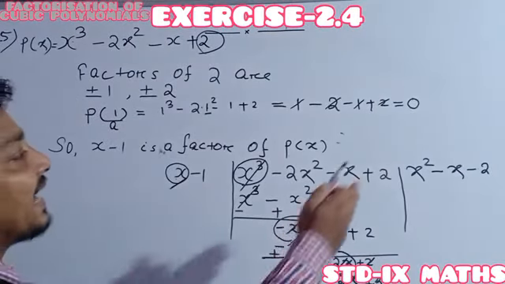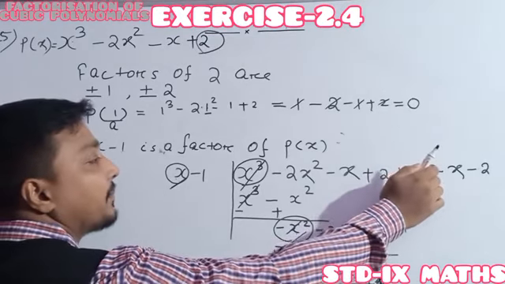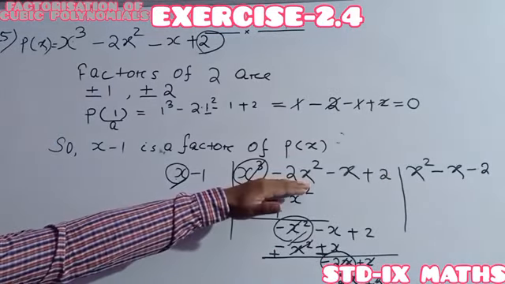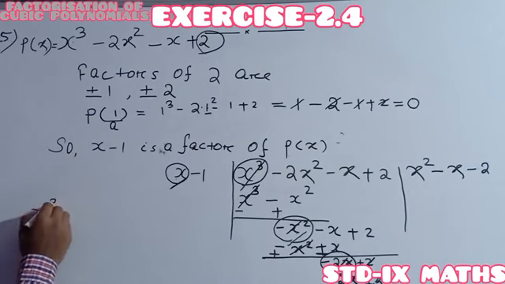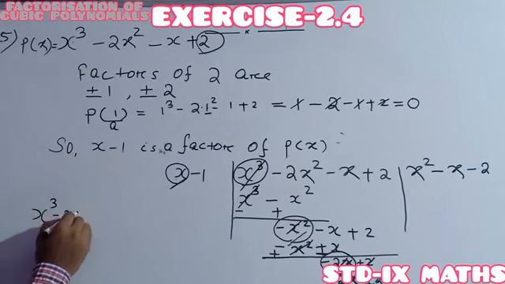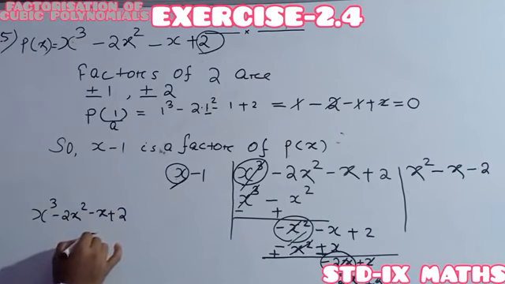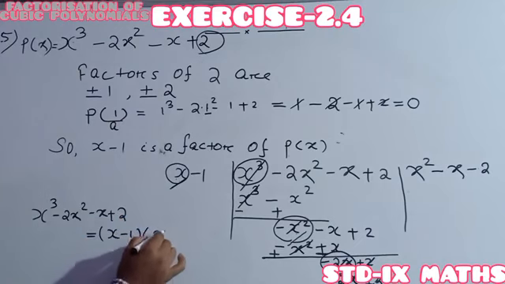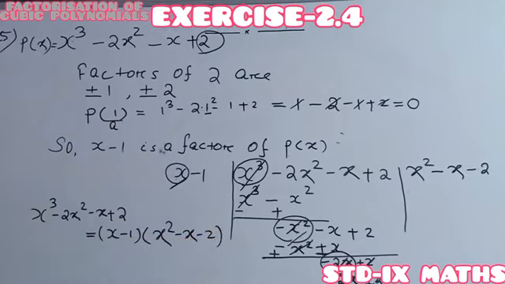So the quadratic factor we already got by dividing the total polynomial by the first factor. Now I can write x cube minus 2x square minus x plus 2 equals x minus 1 whole into x square minus x minus 2.